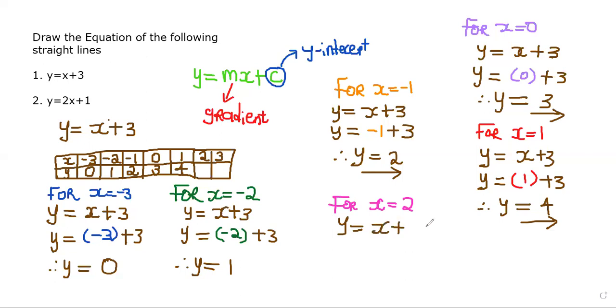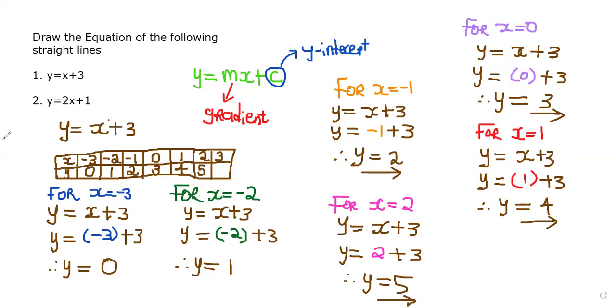Remember, you can't draw this equation if you don't have these values that I'm showing you how to get. Then you say y is equal to, so the value of x is 2, so you say 2, then plus 3. Therefore, for the value of y, we are getting 5. So the 5 that you got here, you write it there.